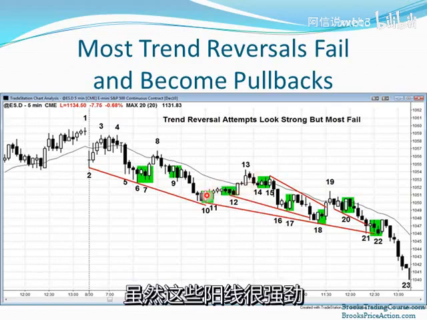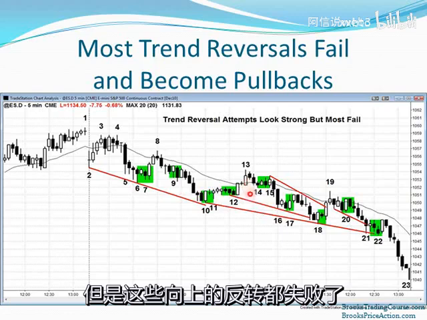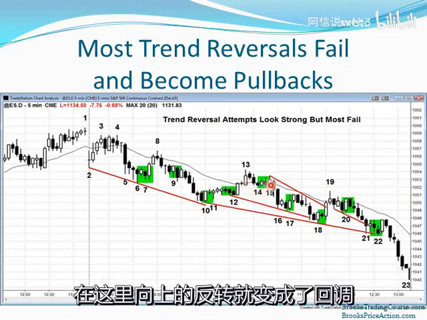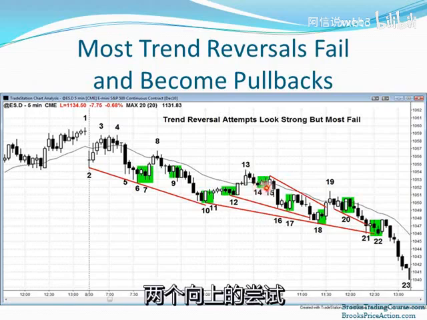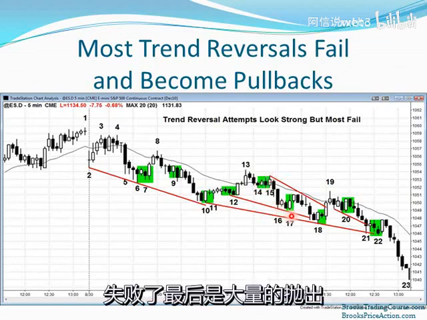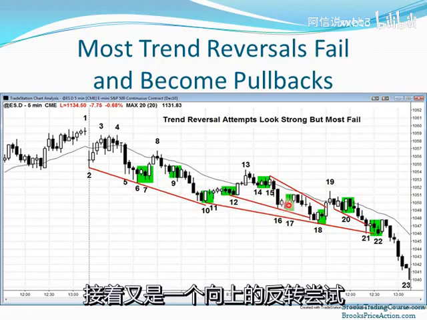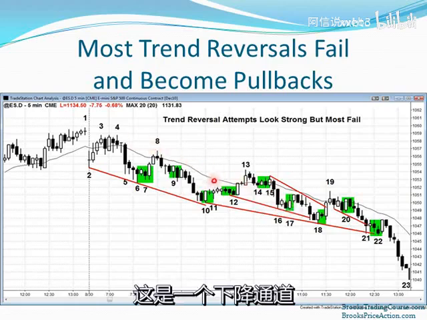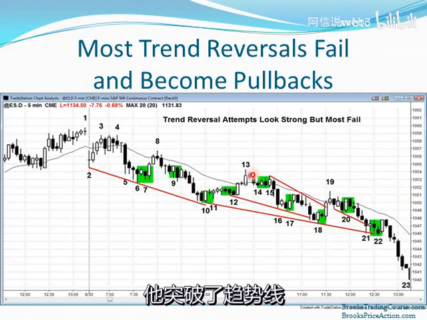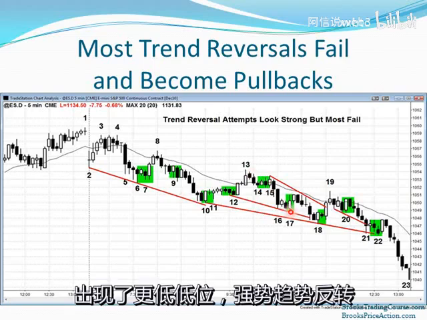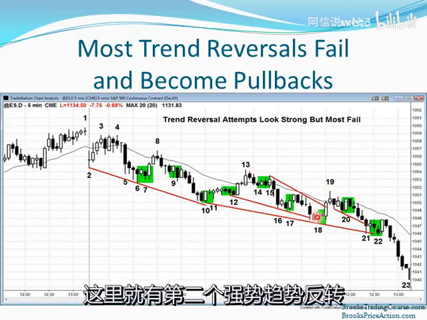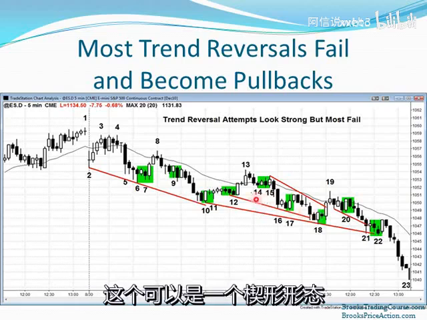These reversal attempts, despite the strong bull bars, they failed. Here, trying to become a pullback from this breakout attempt, two pushes up, 1, 2, it failed, it sold off. Another reversal attempt, maybe a major trend reversal. We have a bear channel, a trend line break, a moving average break, and now a lower major trend reversal. Here's a second attempt at a lower major trend reversal.